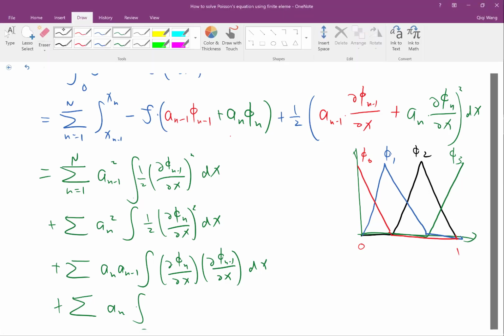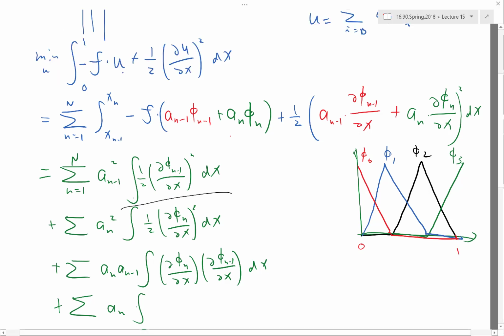So what is this integral? What is d phi_{n-1}/dx in the element n? So, first element, second element, third element. Minus 1. So it's negative, right? Because for each element, we are looking at the basis function that peaks at the left node. So it goes down. The derivative is negative, but it's negative what?